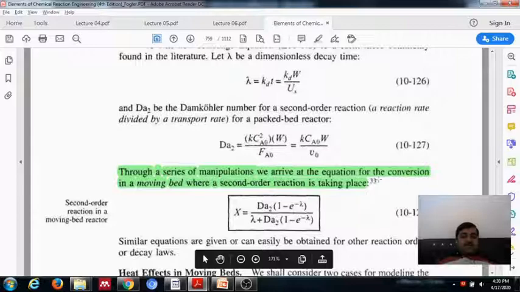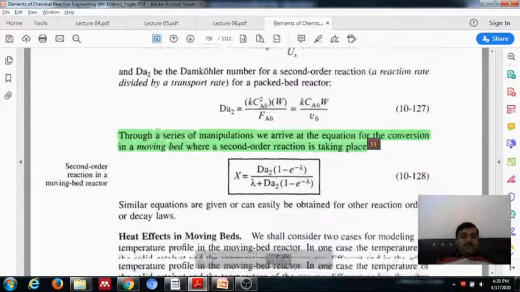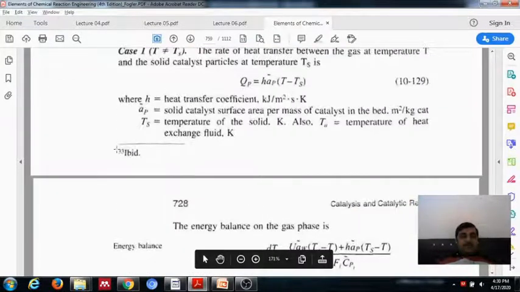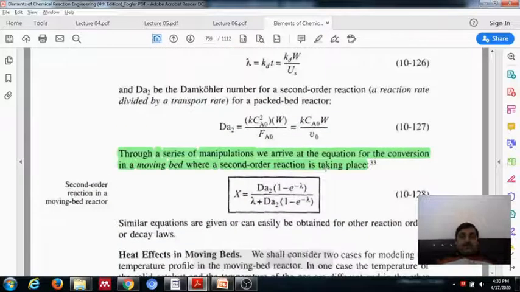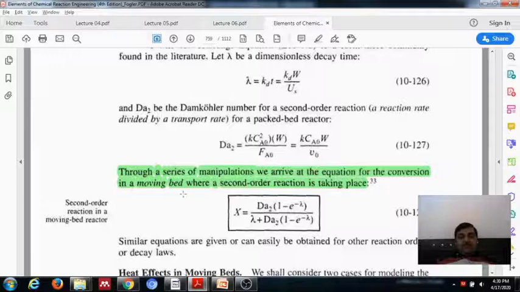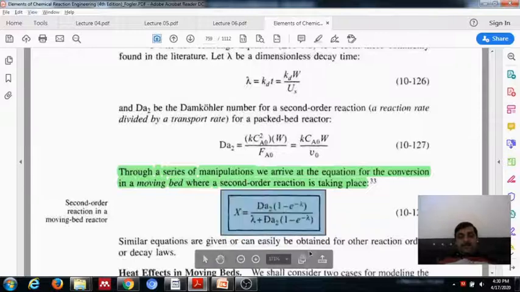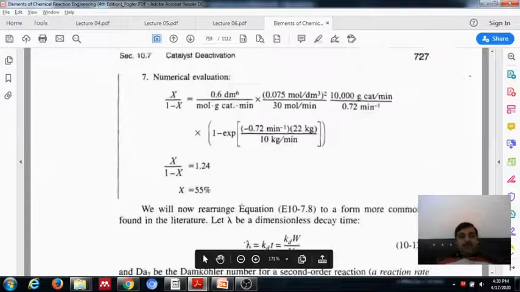Now this has been specifically given by a different scientist, so you can solve directly through this expression. If you do not go through all of those, and use this formula directly, you'll still be able to get the value of conversion. So that is what we have for the moving bed reactor.